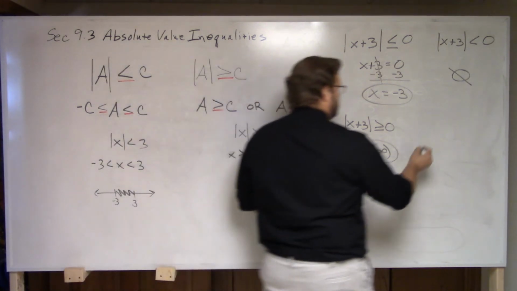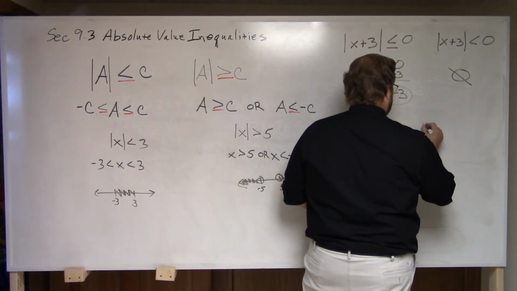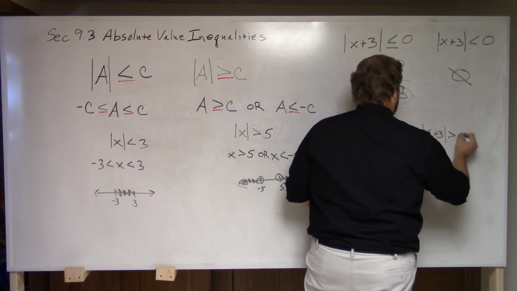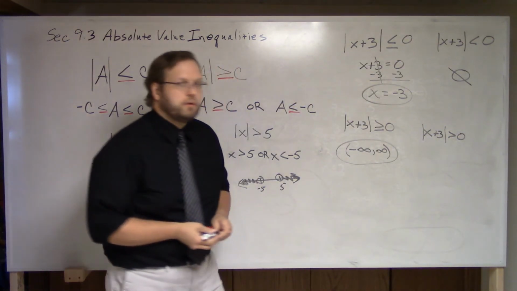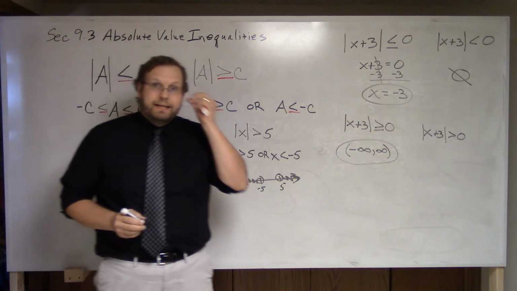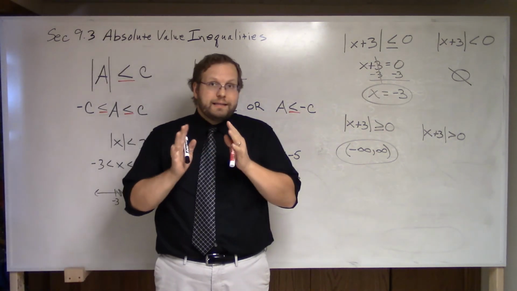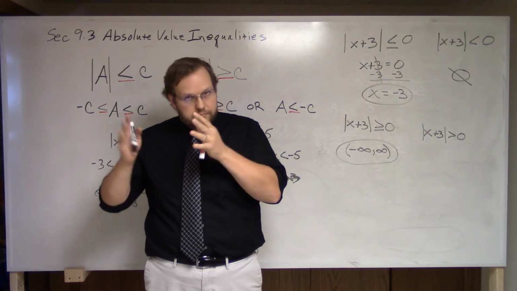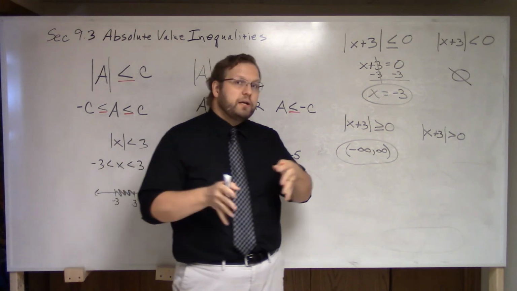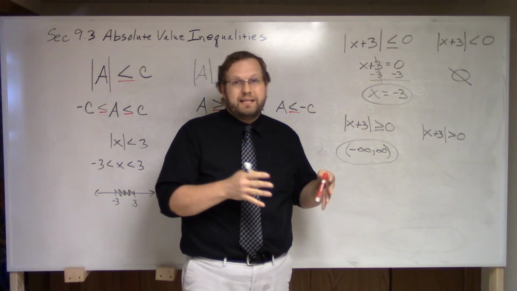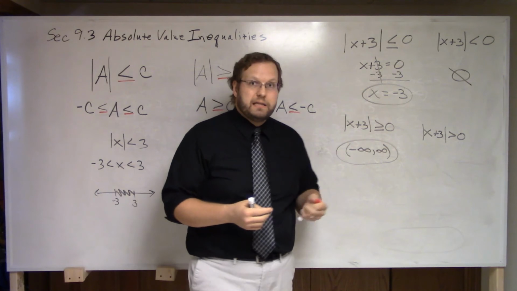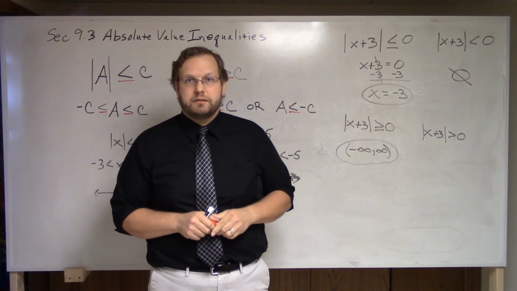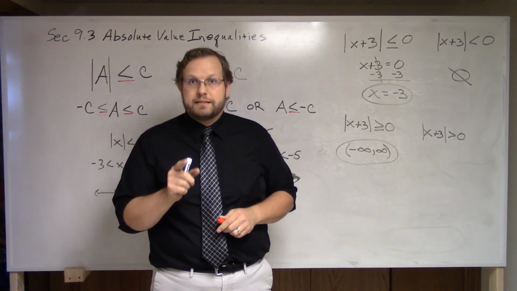How about this? Now, we want that absolute value statement to be bigger than 0. That means positive. No matter what I plug in there, I'm going to be positive, correct? But I could also be a 0.